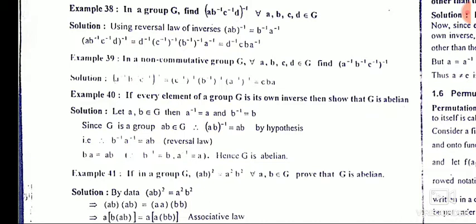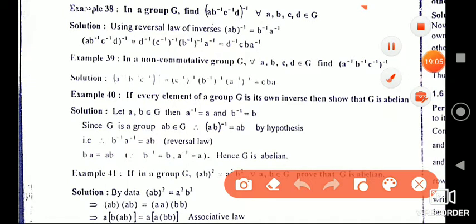The same way, we use the same formula, the same identity. The last element comes to first. So C inverse whole inverse, B inverse whole inverse, A inverse whole inverse. Inverse of inverse of the same element will be the element itself. So C B A will be the answer.